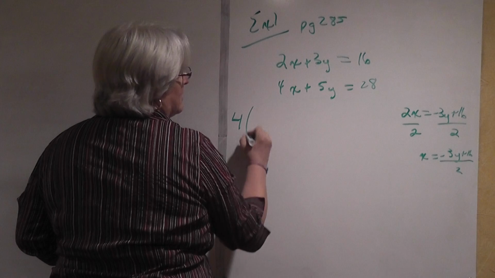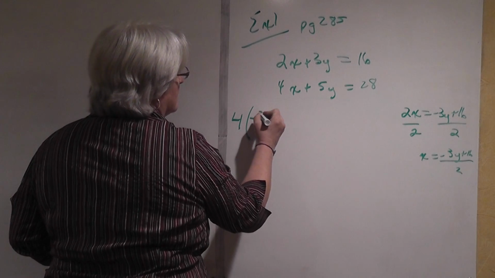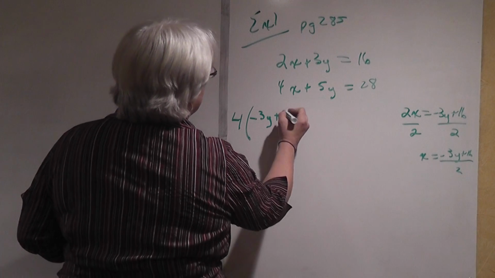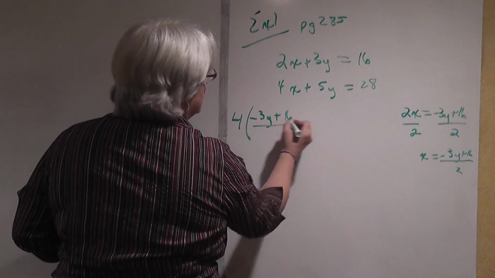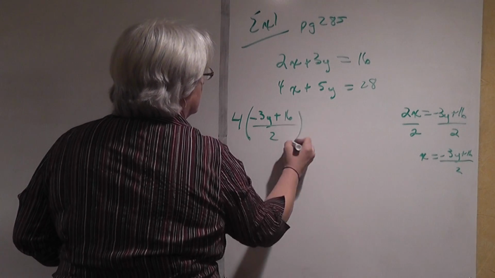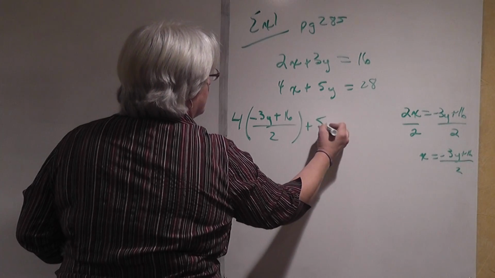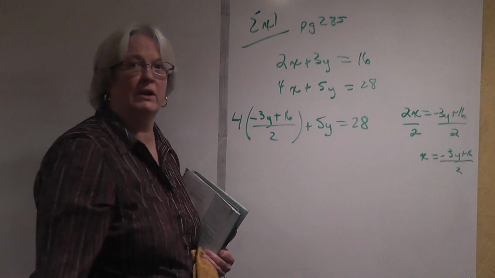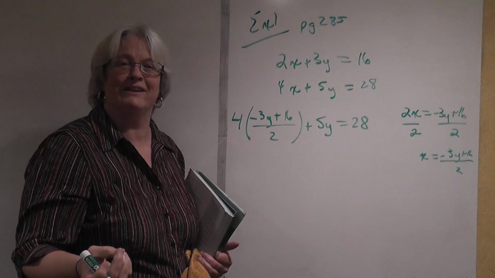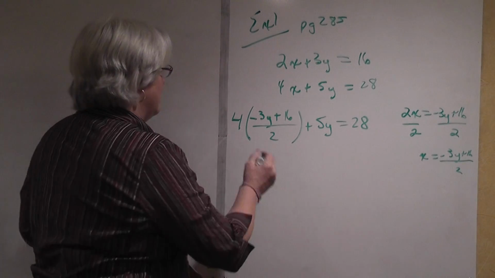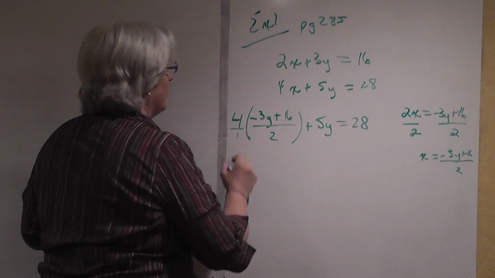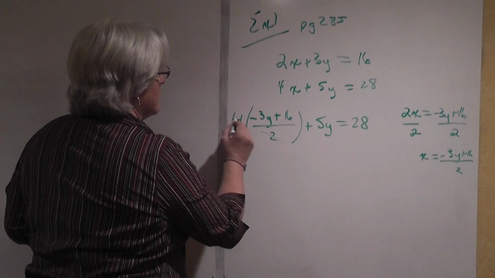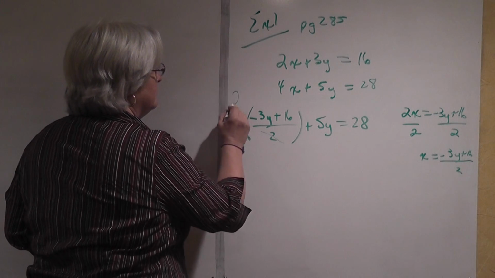We have 4 times the quantity, the opposite of 3y plus 16 divided by 2, plus 5y is equal to 28. Now fortunately there's not anything difficult about this. Remember 4 can be written as a fraction over 1, giving us a common factor of 2.